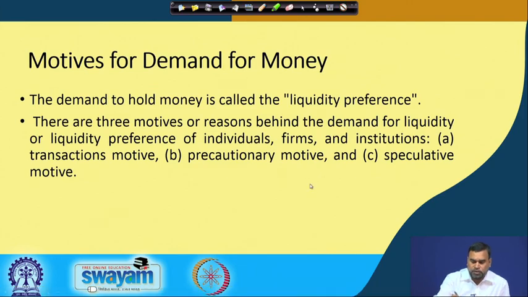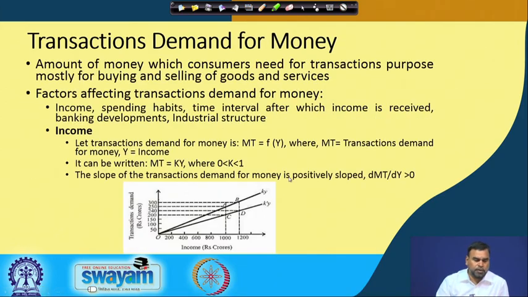If we discuss them one by one, we can start with the transactions demand for money. The transactions demand for money is the amount of money that consumers need for transaction purposes, mostly for buying and selling goods and services. In day to day life, we need money because we want to buy something and also sell something.